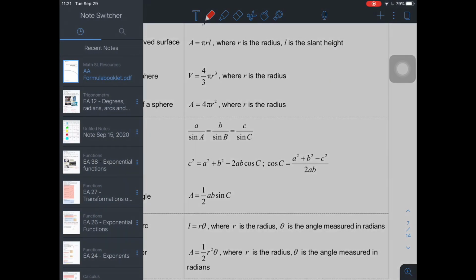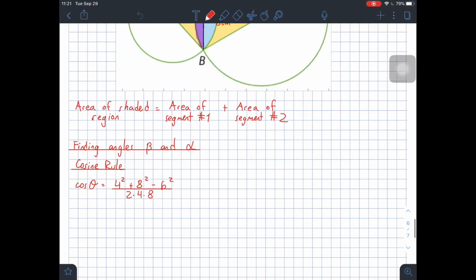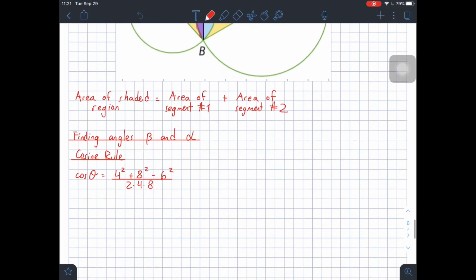Okay, so if we apply the formula and we solve, we're going to get that theta is equal to, if the calculator is in radians, then you should get the angle in radians already. So this is 4 squared plus 8 squared minus 6 squared divided by 2 times 4 times 8. I strongly recommend working with radians already, right? Because you're gonna have to apply the formula later on using radians.